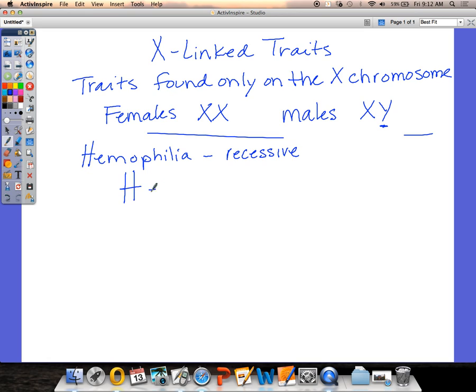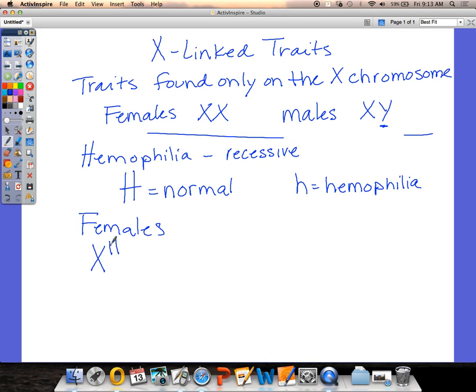So capital H equals normal, little h equals hemophilia. Females can be written three ways. You can be X capital H, X capital H, and be normal.